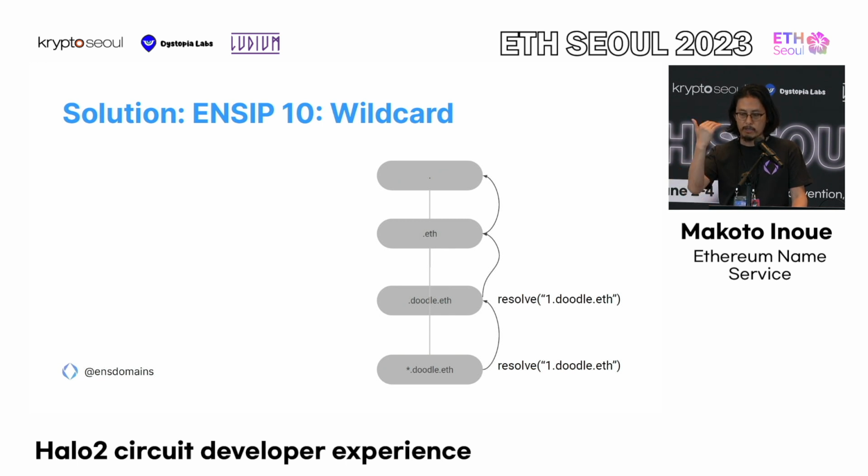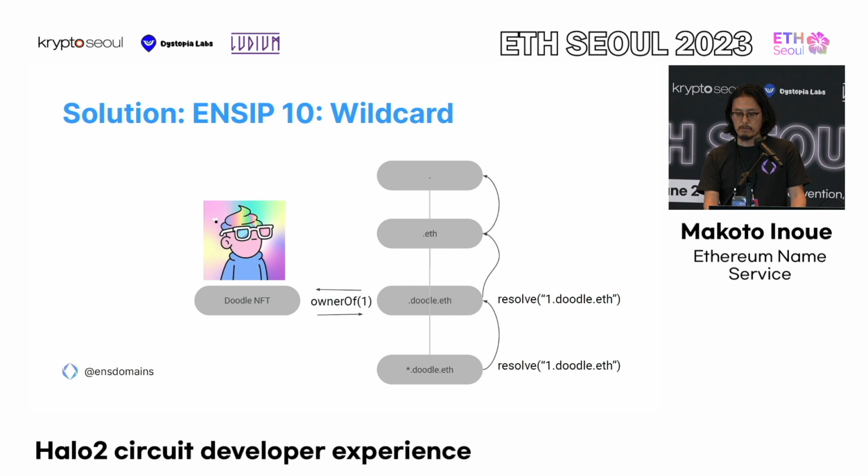By using this wildcard convention, you can create a contract which dynamically looks into the ownership of, for example, the Doodle NFT, and if it's owned by a Doodle NFT holder, you can say this ownership does belong to Doodle.